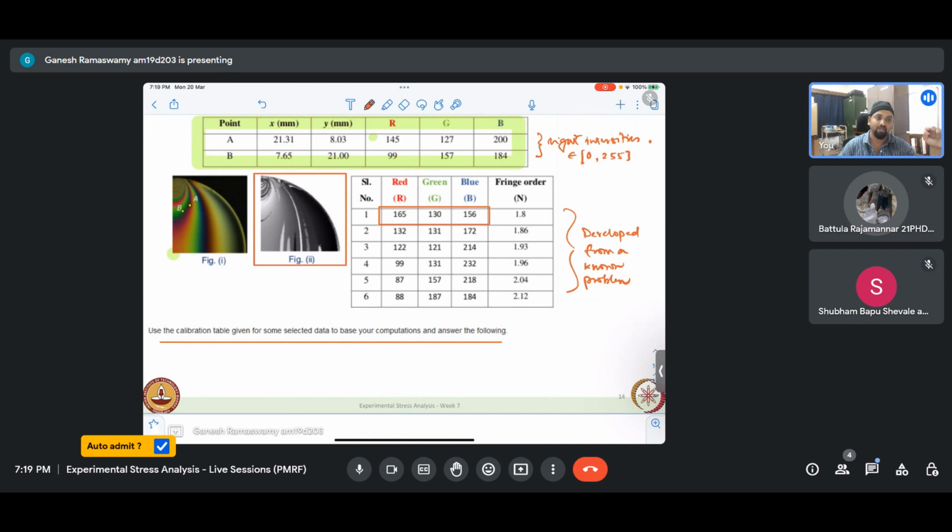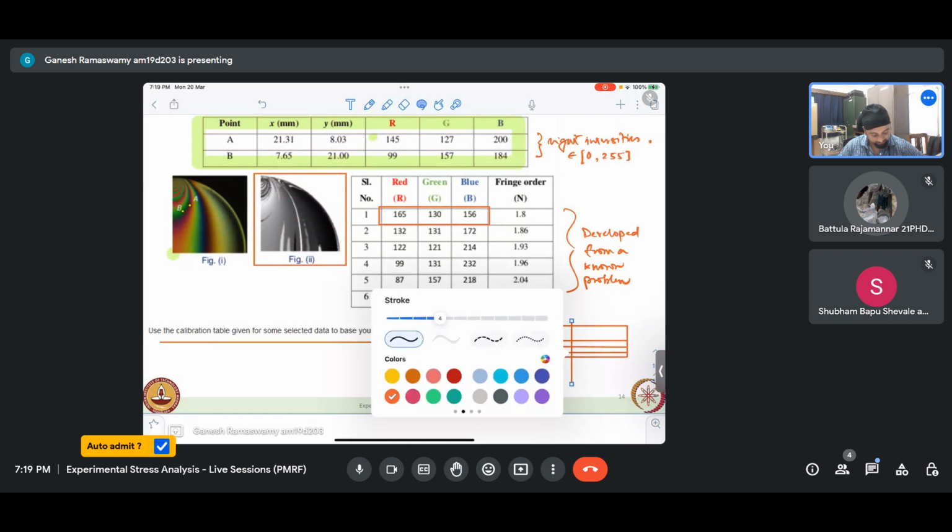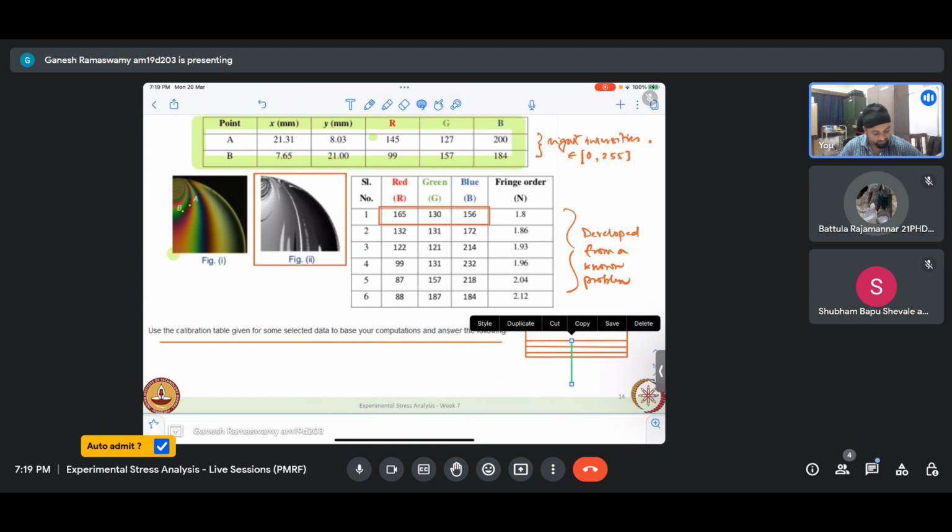And then as we go on increasing the load, for the case of a 4-point bend specimen, we will have sigma 1 minus sigma 2 at the center as 0. Then this will be the next fringe, which will represent sigma 1 minus sigma 2 equal to 1. Then sigma 1 minus sigma 2 equal to 2, and so on. So based on the variation along the green line starting from 0 till the end, we will load this model and capture an image.